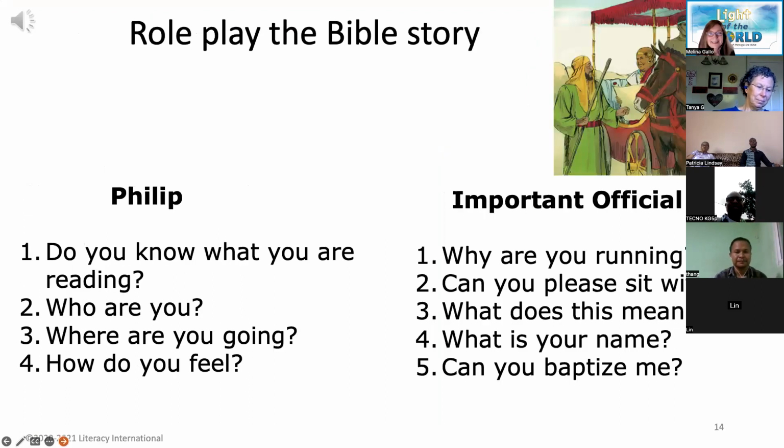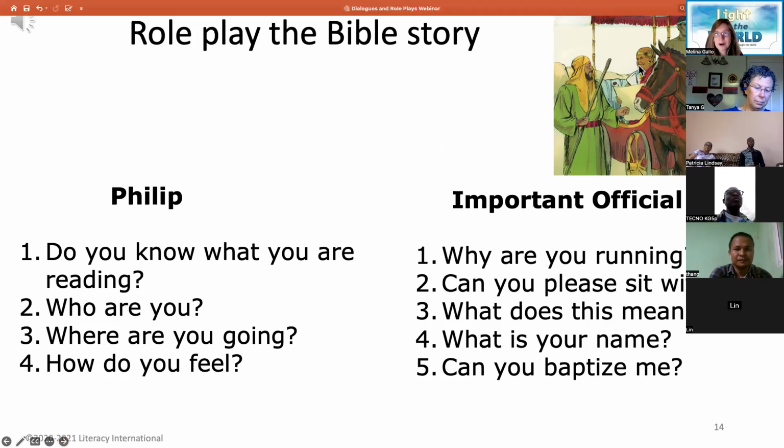Now, a final way that we can use role plays is for acting out our Bible stories. So this is an example from one of the lessons where we read about Philip and the important official from Ethiopia, the Ethiopian eunuch. And if you remember the story, and the students will remember this story because we just read it in class, the important official was riding along in a chariot pulled by horses and was reading the scriptures.